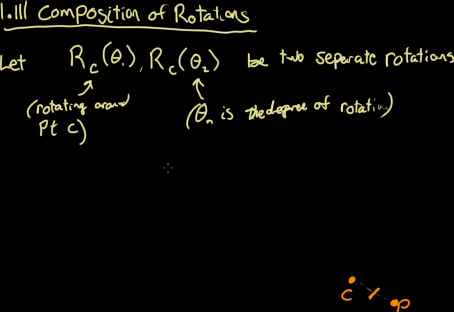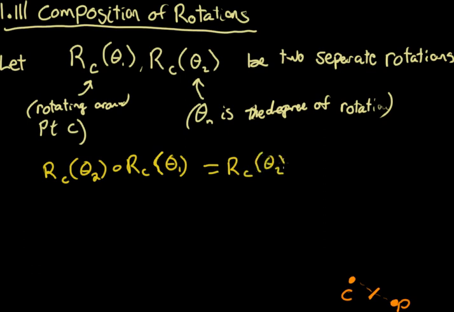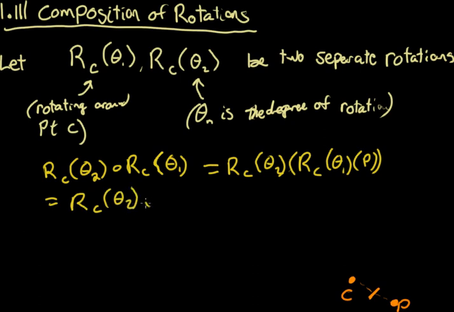Well, then to do this rotation, we do a composition here, and that composition is r sub c theta sub 2 composed with r sub c theta sub 1, and that is equal to r sub c of theta sub 2 of r sub c of theta sub 1 of point P, which equals r sub c of theta sub 2, and we'll call the first point it goes to P prime.